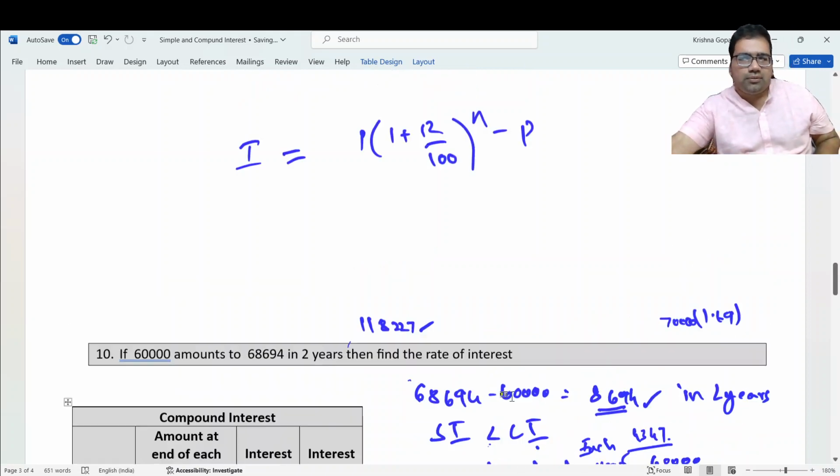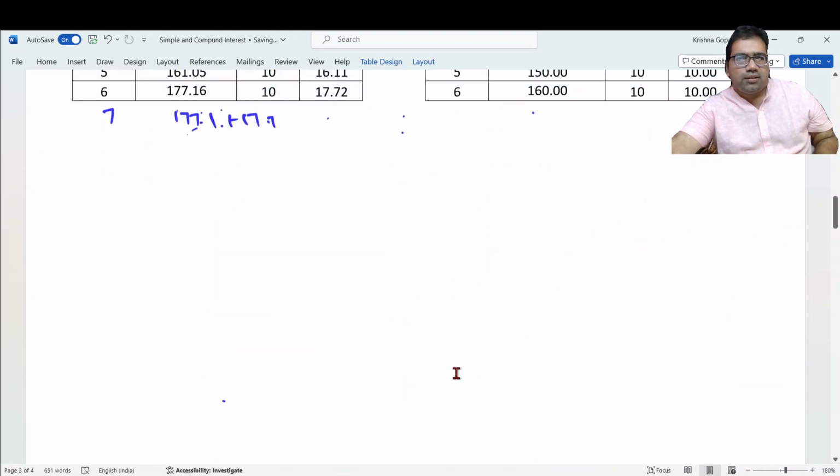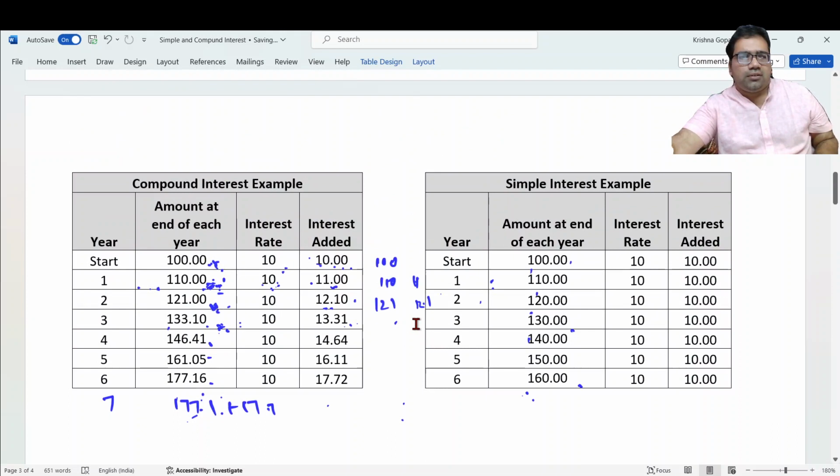So, for example, in this earlier example, to achieve 160, compound interest took 5 years only, whereas it took 6 years in simple interest. What does that mean?